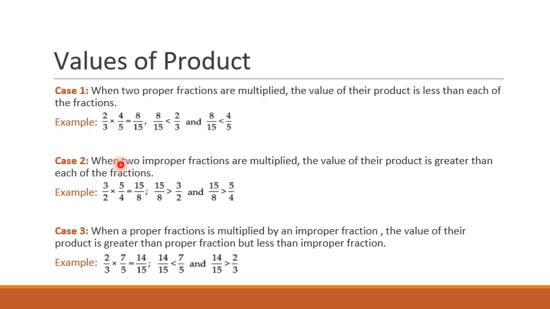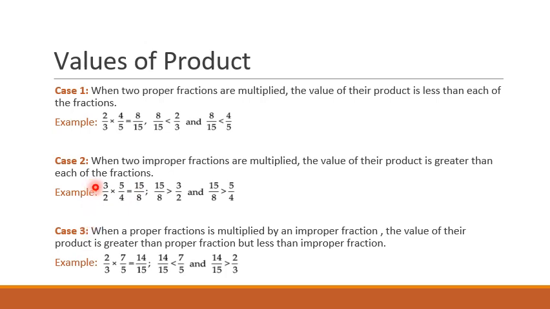When we multiply two improper fractions, then the value of their product is greater than each of the fractions. That means when two improper fractions are multiplied, then the product is greater than both the fractions. So let's see it with the help of an example.